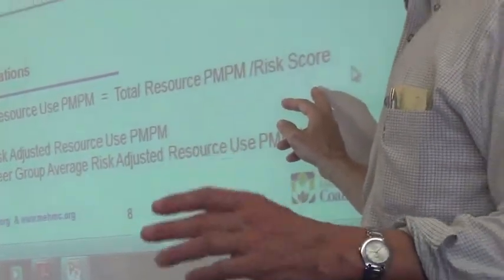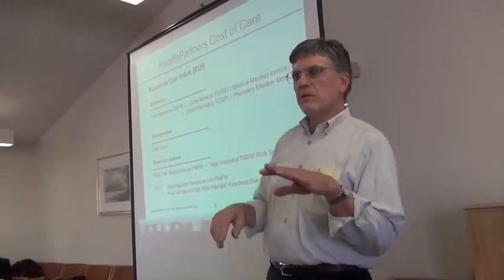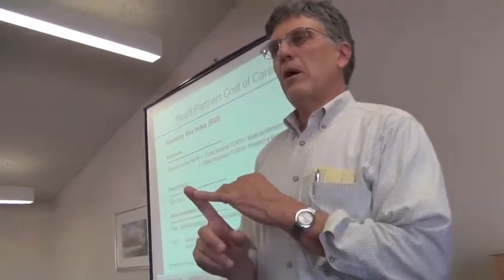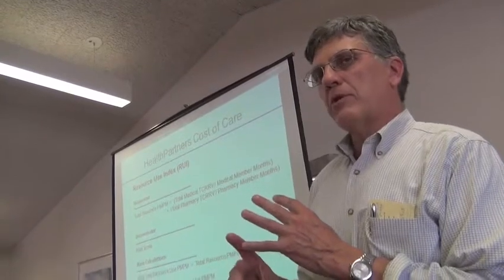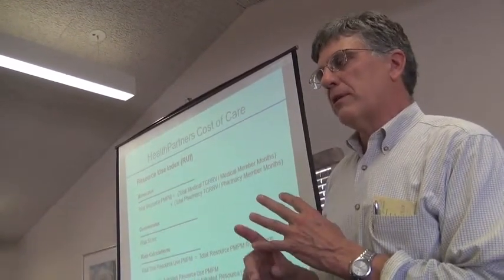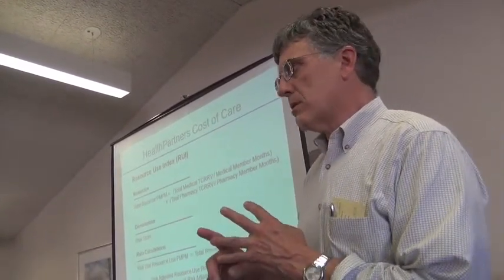The risk score that we would use is the Symmetry Genix risk score, which is based upon episodes of care plus age and gender. Episodes of care are built based on diagnosis codes and procedures.